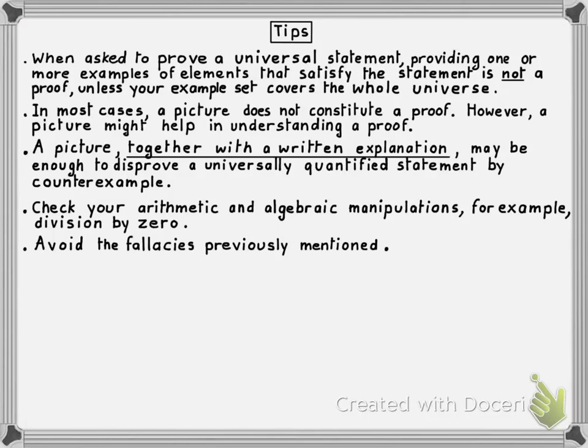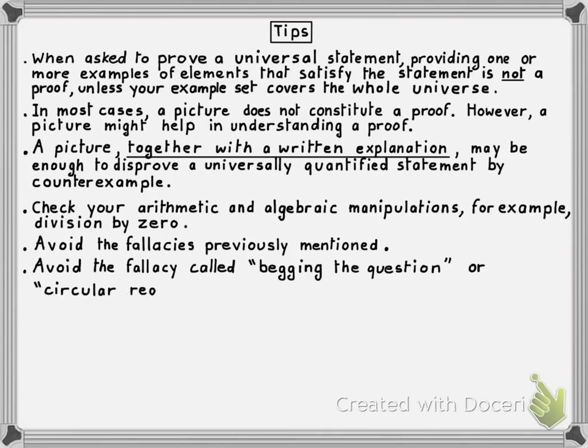So now it's time for me to discuss another fallacy we haven't mentioned yet, and that one is called begging the question. Begging the question essentially means making a statement without justifying it, so that the reader of the proof is not sure why you're claiming that this statement is true. Remember to always justify every non-obvious statement or proposition in your proofs.